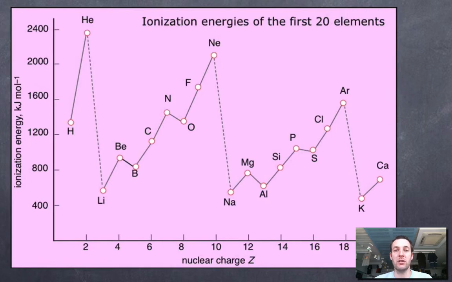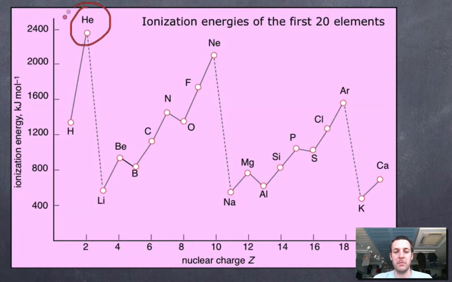You should know the definition for first ionisation energy, that was covered in the last film, but let's have a look at the most obvious patterns that we see here and try to relate them to what we already know in very basic terms about stability of atoms. Now, as I say, we're just looking at the most obvious things here, like where the massive peaks are.